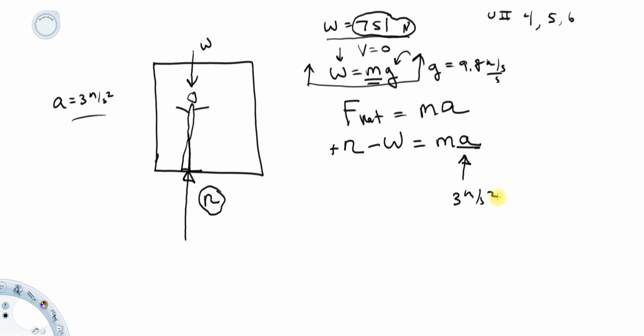So what you want to do now is put in the values that we have for the weight, the mass, and the acceleration. And then when it says, what does the scale read? The scale measures this, the force that I'm calling the normal force. And that'll hopefully get you through part B. For part C, where it says the elevator moves with a steady speed of 6 meter per second.